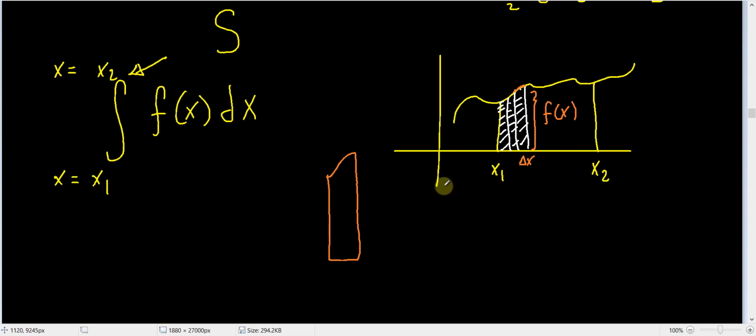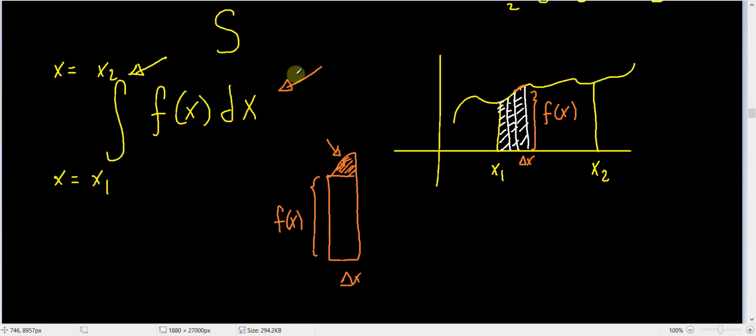So this is not a perfect rectangle, but if you choose this delta x to be a very small quantity, then you could ignore this small triangle right here, because you'll have delta x multiplied here by, let's say, f of x. And if this delta x is very small, then you could ignore this small portion right here, and imagine that this is really only a rectangle.